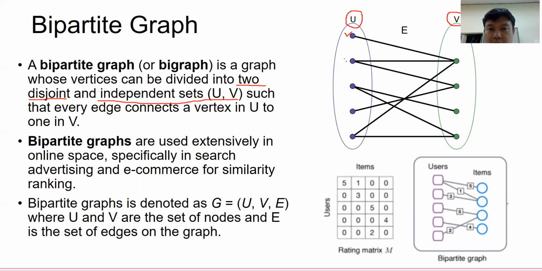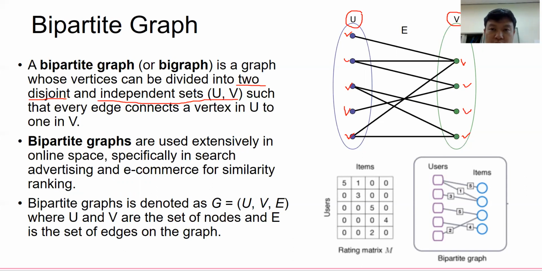So we have vertex 1, 2, 3, 4, 5 in U, and we have other vertices, 6, for example, 7, 8, and 9.